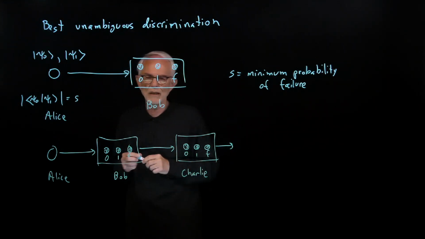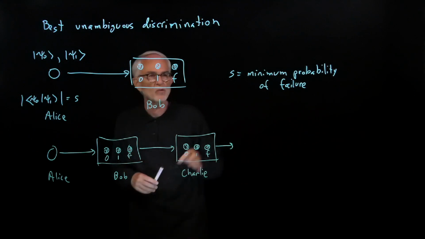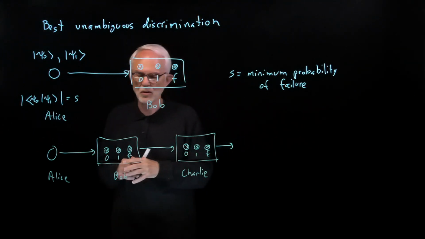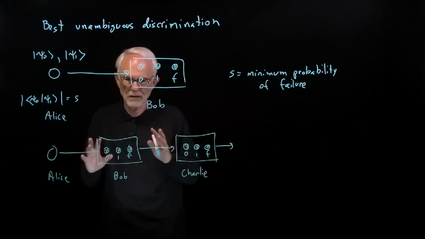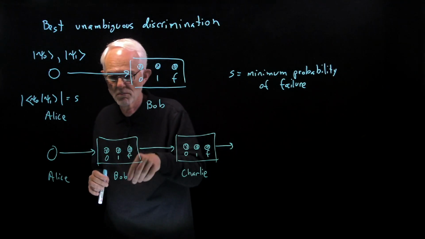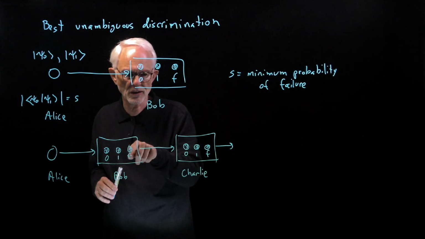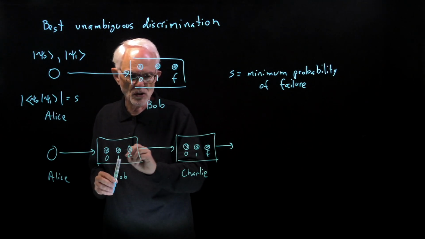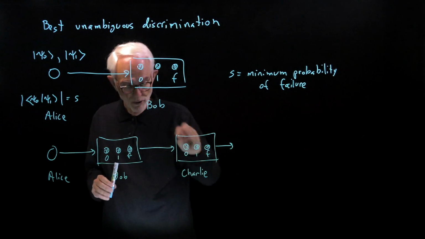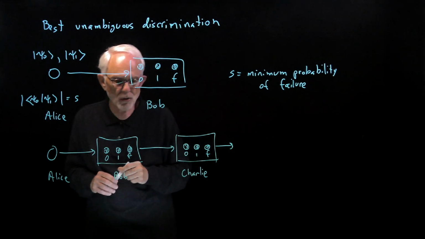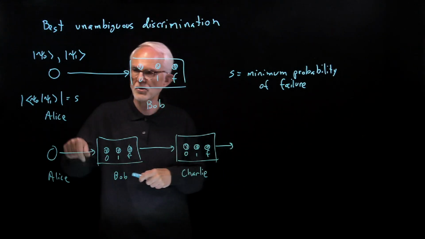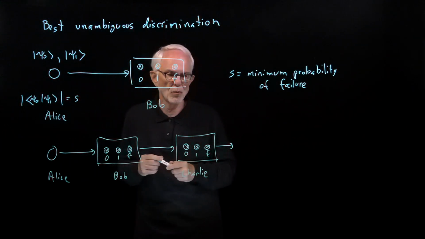So Bob has to do an unambiguous discrimination measurement, but he doesn't want to do the best one. He wants to do one that will enable him to get an answer with a certain probability, but also leave some information in the qubit so that when it goes on to Charlie, Charlie has a certain probability also of being able to identify whether the state was psi0 or psi1.